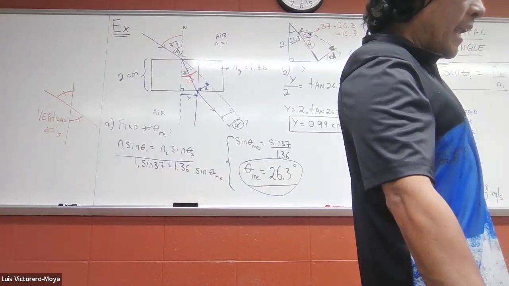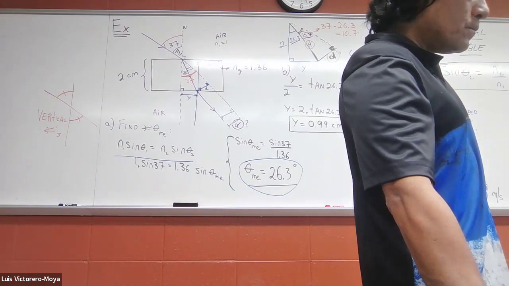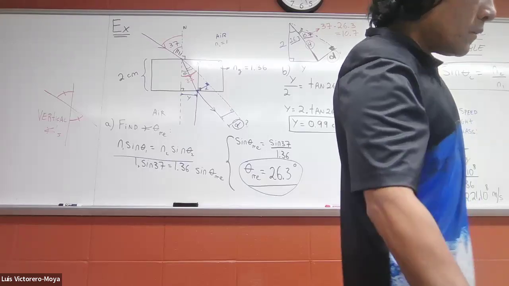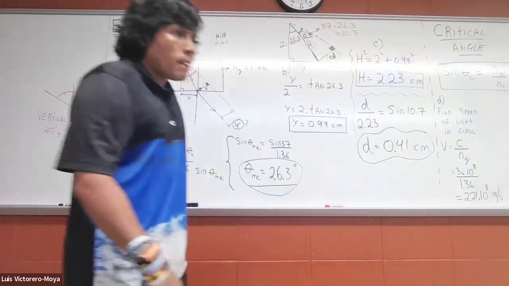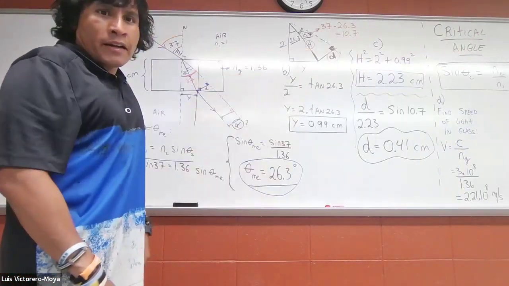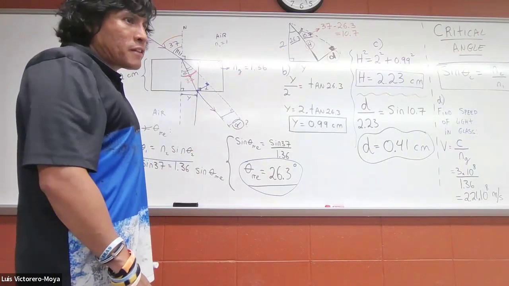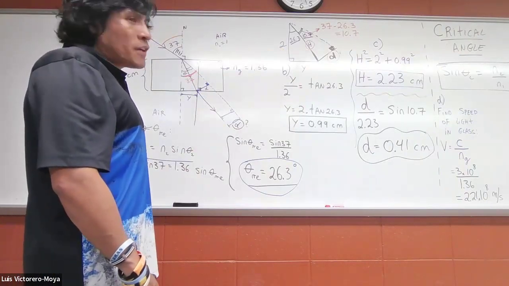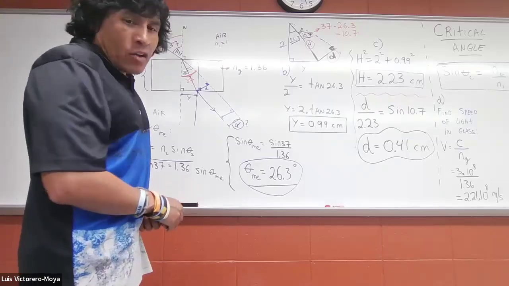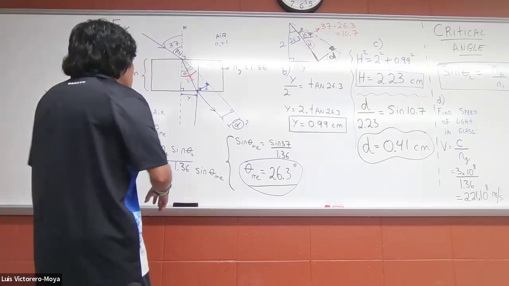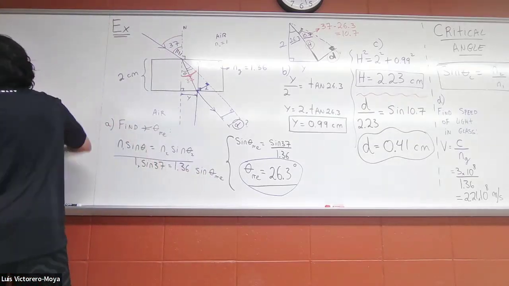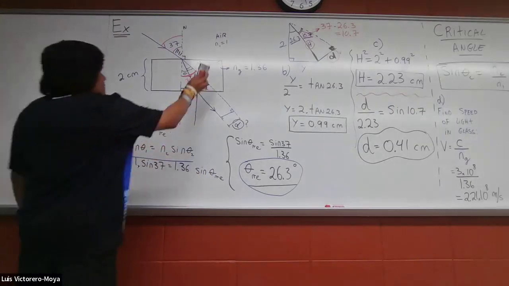Let's do a critical angle. This one here. Critical angle, the question is over there. All right, remember we also talked about that yesterday. So how do we use critical angles in certain applications? Periscopes is one application, prisms as well, but there are others. One of those is the one that you're gonna see now.